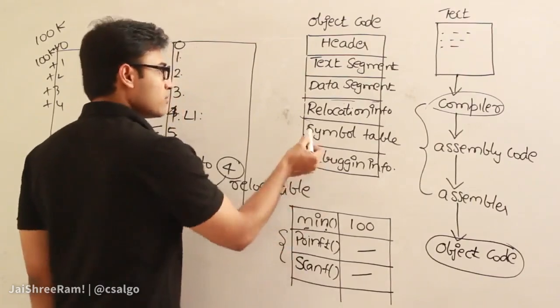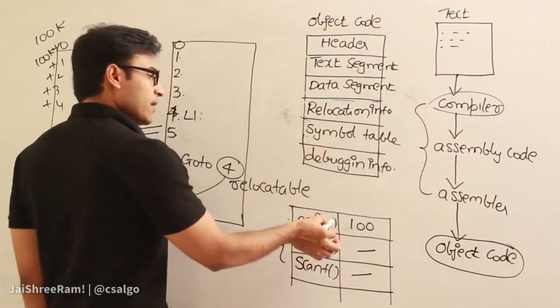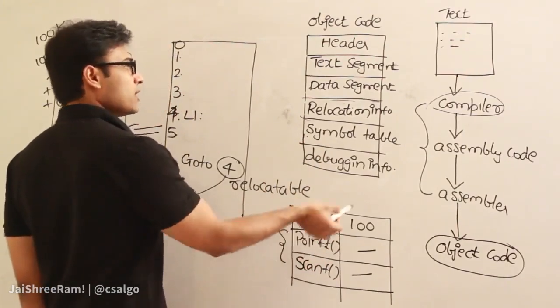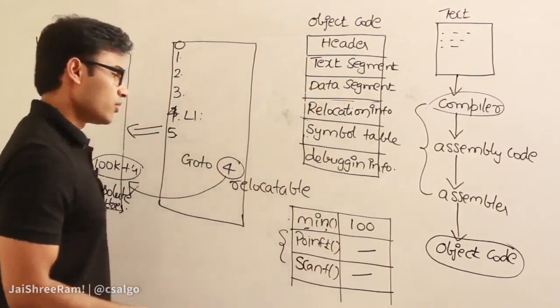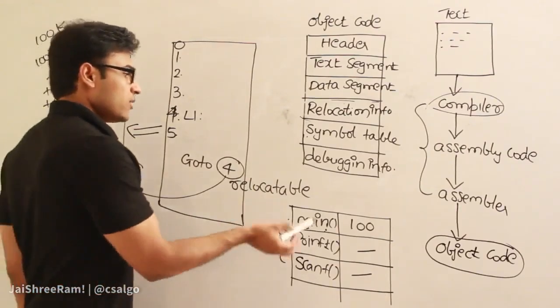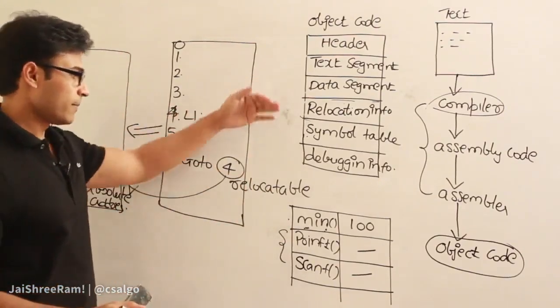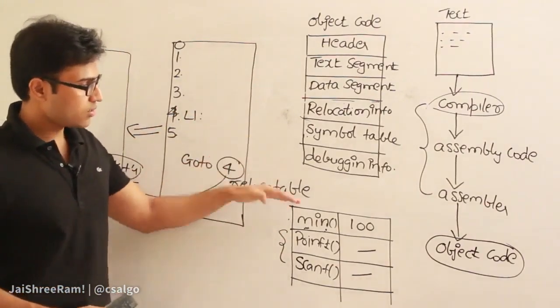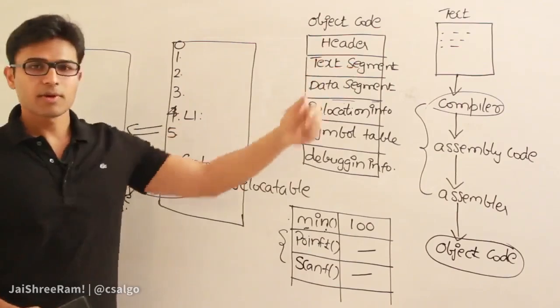So symbol table is important because it will say what are the functions which are defined in your own program, as well as what are the variables which are defined in your own program, and what are the functions or variables which are not defined in your program but you are referring to from another program.